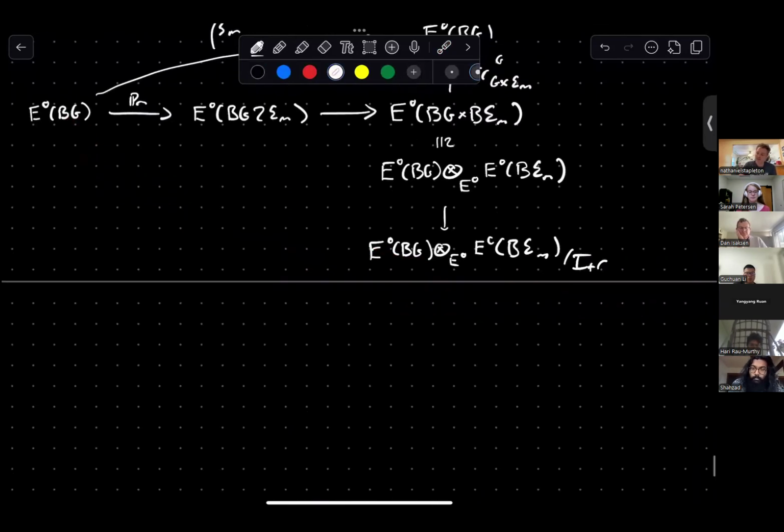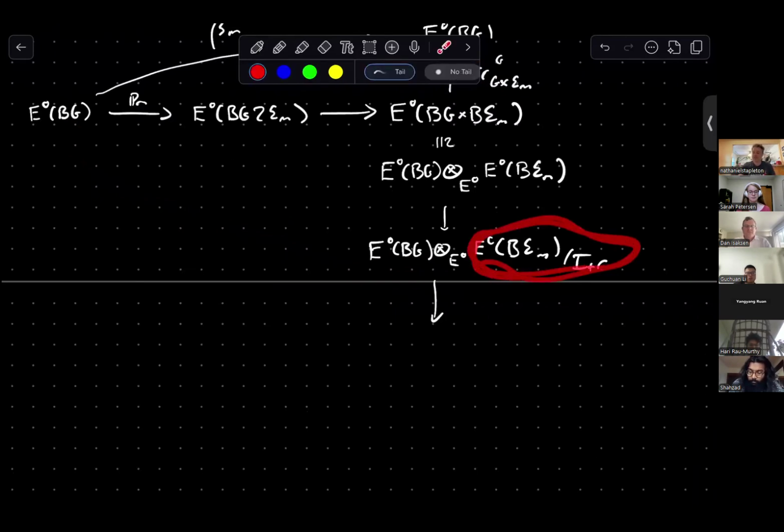But it turns out that it's a little tricky, compared to the representation ring side, to get back down to E naught of BG. When we were considering representation rings, the thing that was here was already the integers, and that is not true in this case. So ideally, you'd like some kind of natural map from here back to E naught.